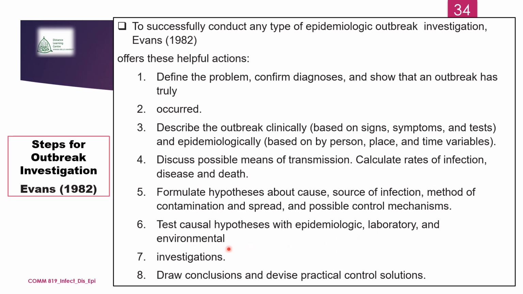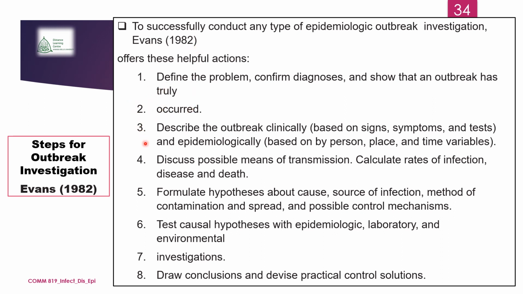Then number 6, you need to test causal hypotheses with epidemiologic, laboratory, and environmental investigations. Then finally, you need to draw conclusions and devise practical control solutions. Sorry, the numbering is somehow haphazard. So these are some of the steps postulated by Evans 1982.